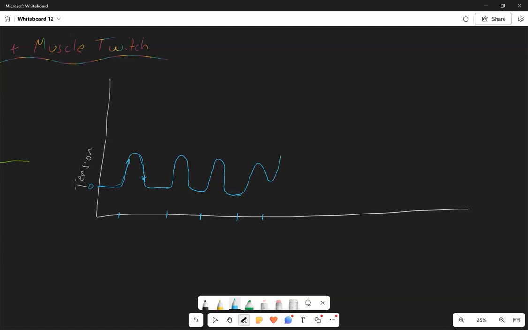You're going to get a secondary twitch, like so. If I send another signal before it relaxes, I get another twitch, and another, and it'll go up until we hit this point, which is called maximal tension.